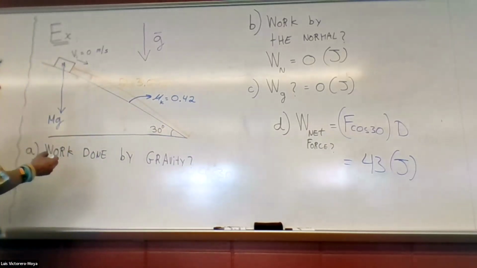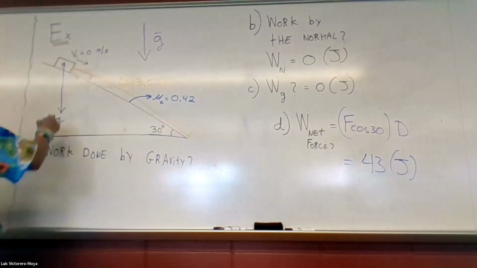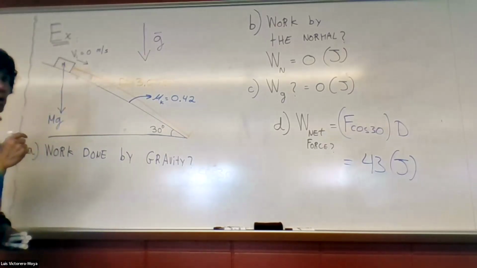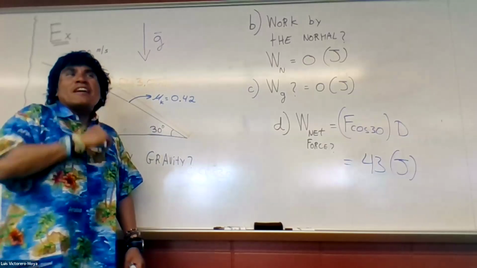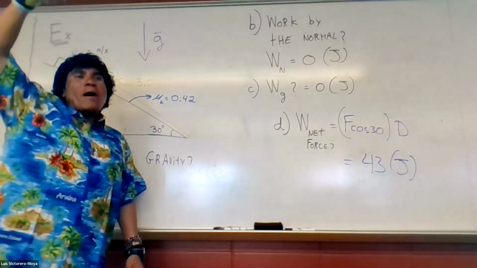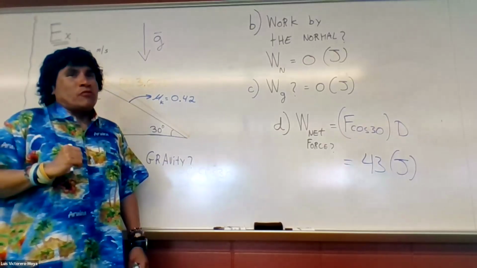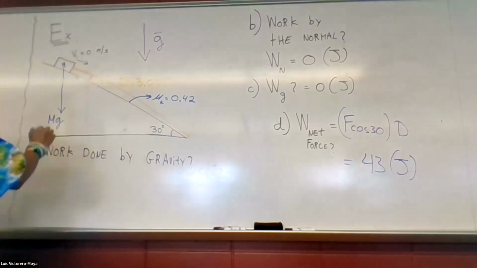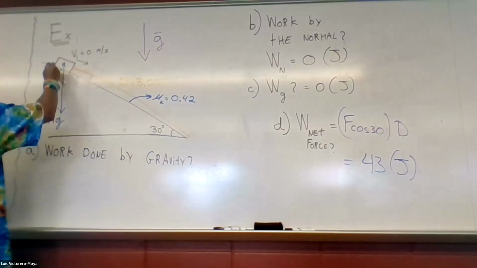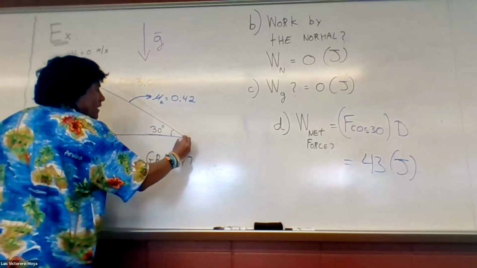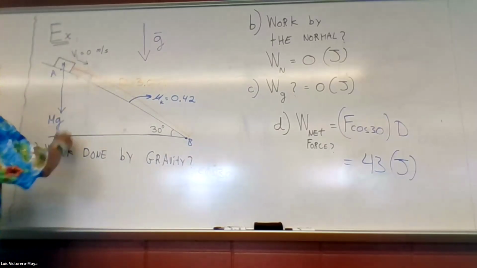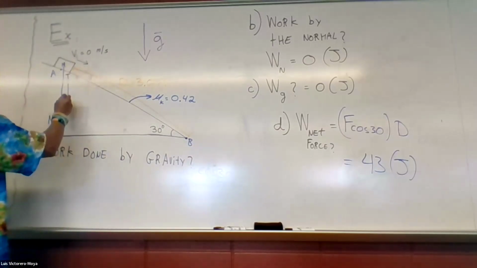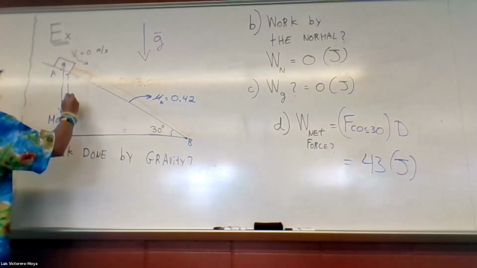So you are thinking, well, to find the work done by gravity, you can think in two ways. How much vertically the block moves from position A to position B. How much did it move vertically? You want to look for this distance.